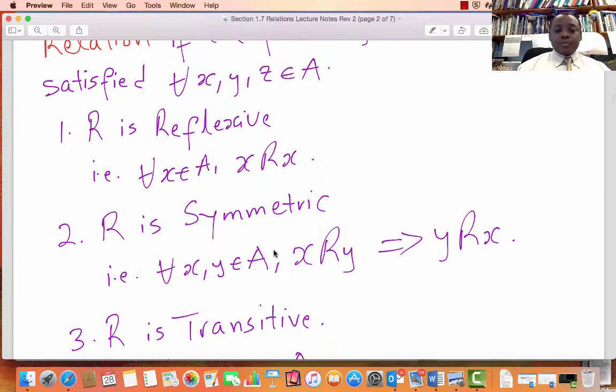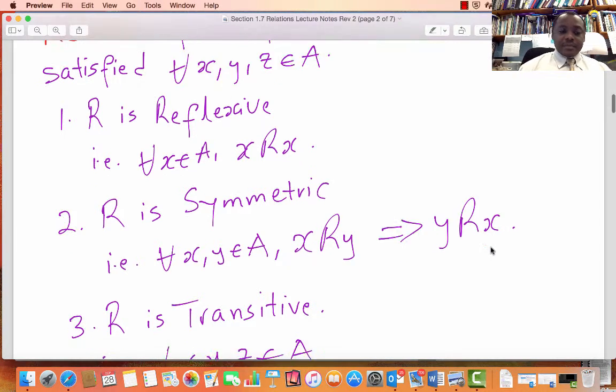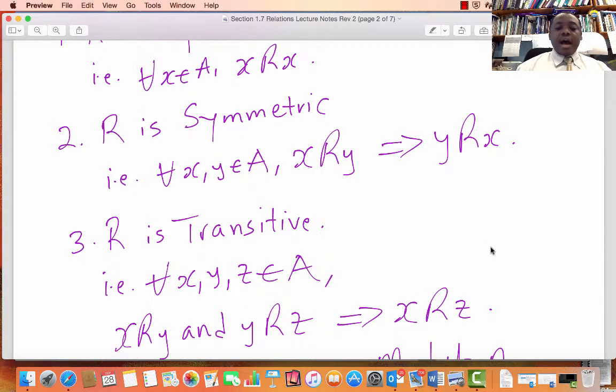Number 2, the relation is symmetric. That means whenever x is related to y, y must also be related to x for every x, y in A. Number 3, R is transitive.